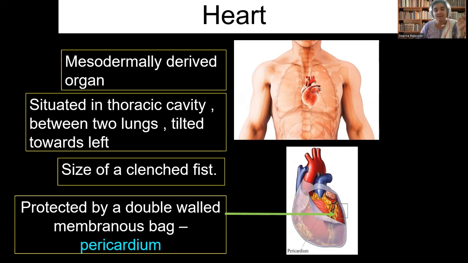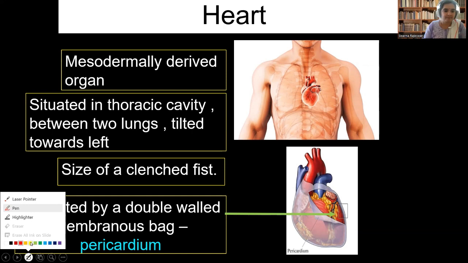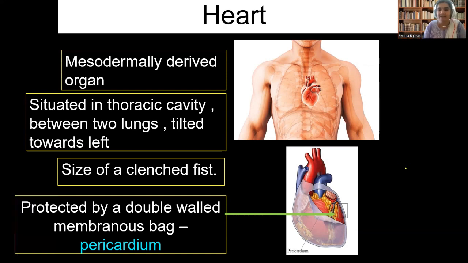Now, when we see this pericardium, it contains again 3 layers. If suppose this is the heart, the pericardium is surrounding the heart, and this pericardium contains 3 layers.